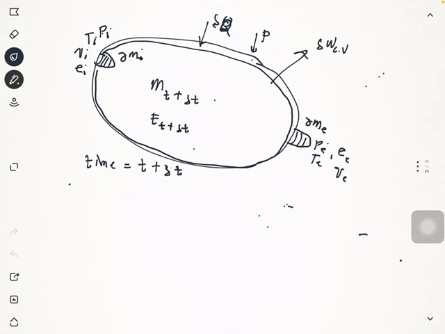So in order to derive some equations, we need to use this notation here. So the mass m t plus an inexact differential of t, this is the mass inside our control volume.